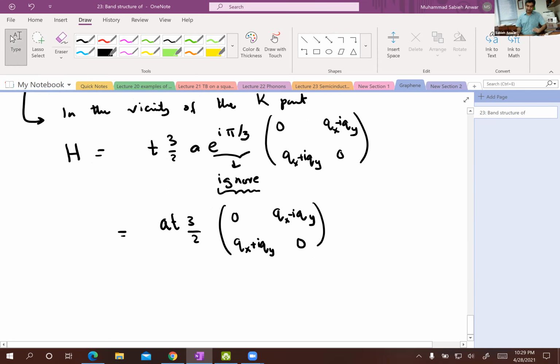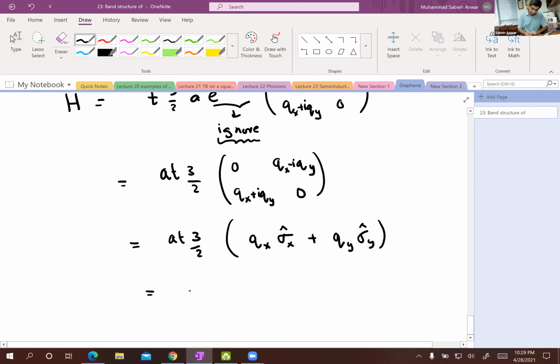And if I were to find out the eigenvalues of this function, that is really simple. So what are the eigenvalues going to look like? First of all, let's write the Hamiltonian terms in the Pauli operators. At 3 over 2, qx sigma x plus qy sigma y.